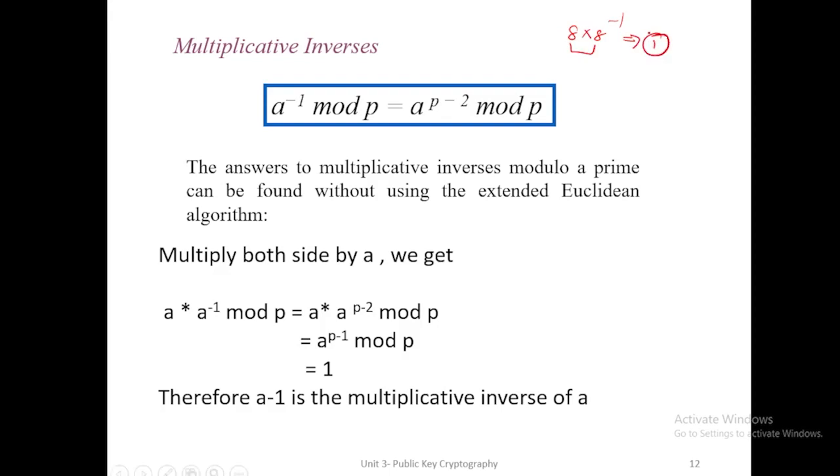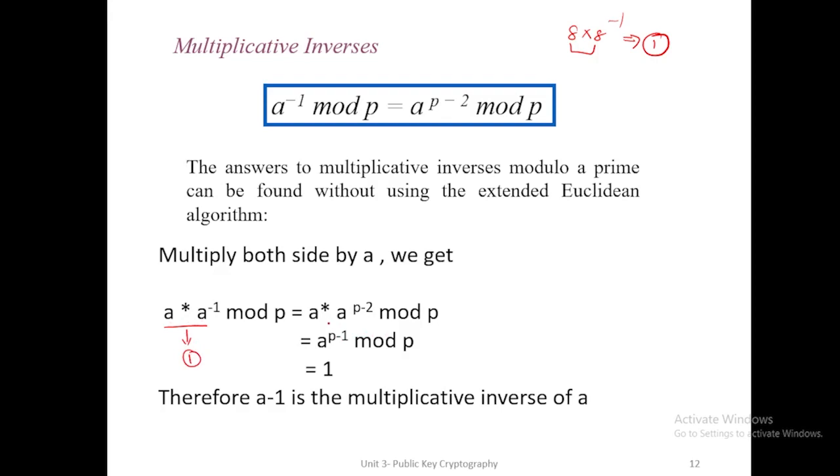Like that, I multiply a on both the LHS part and the RHS part. The left side is rewritten as a × a^-1 mod p. The right side is a × a^(p-2) mod p. Here a × a^-1 is a number times its multiplicative inverse, so the answer is 1 on the LHS.